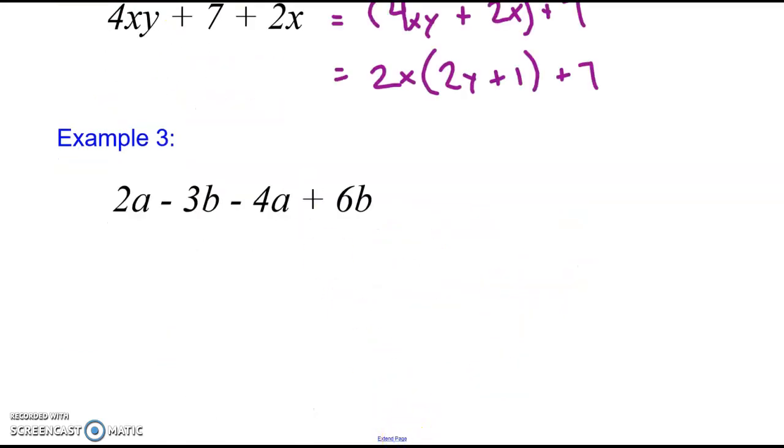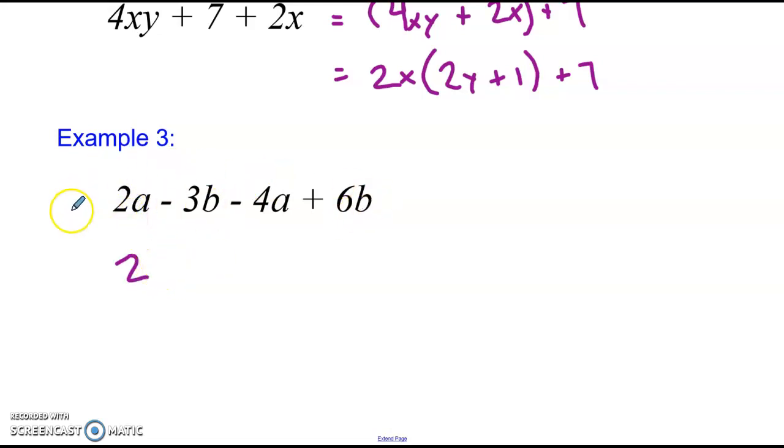Okay, same drill with this next one. We have 2a minus 3b minus 4a plus 6b. Now the way it's written, there's obviously no factors common to all 4 terms. And I do have a couple a terms here, and a couple b terms here. So let's group those. I'll take the 2a and the negative 4a, and all I'm doing is just reordering this polynomial.